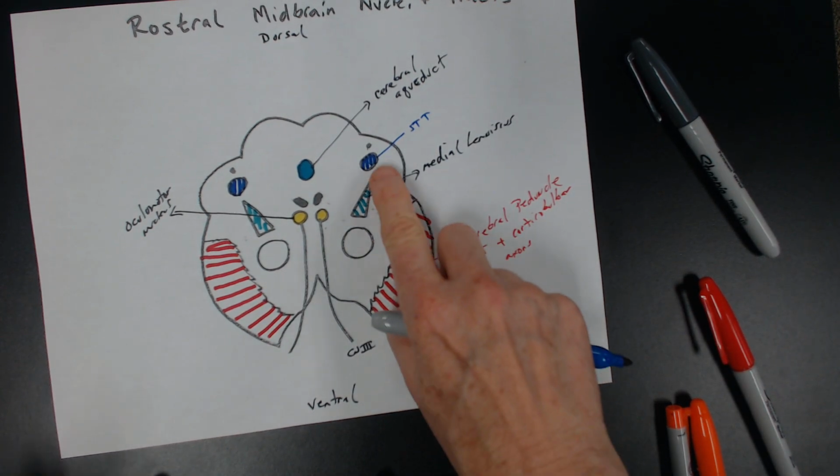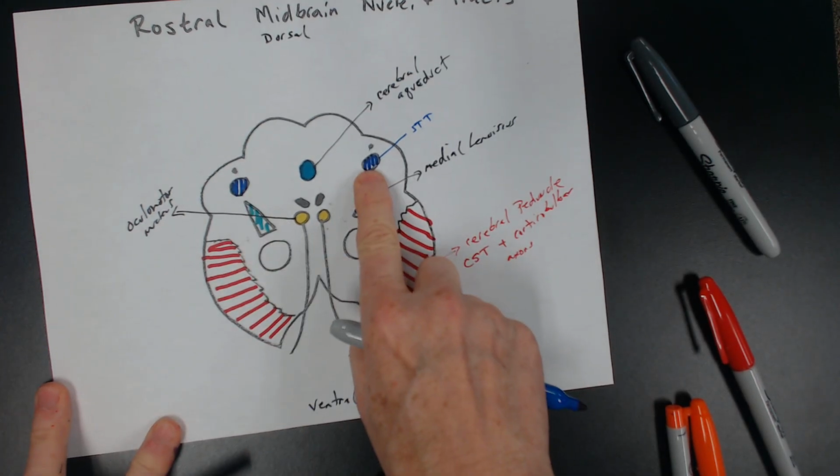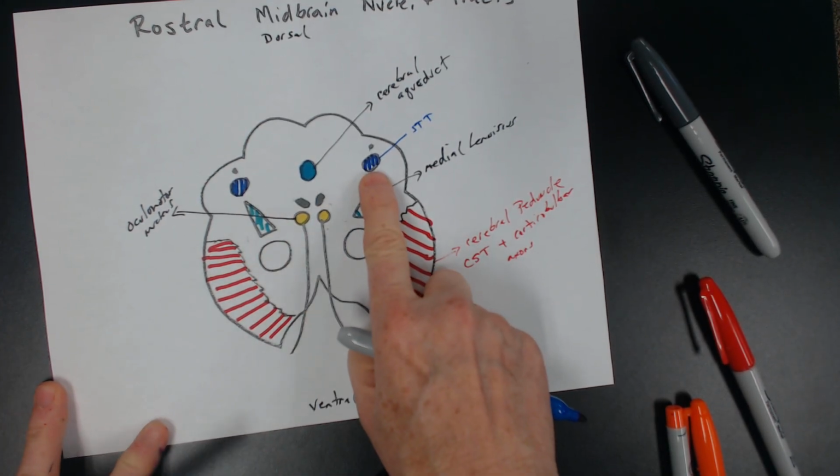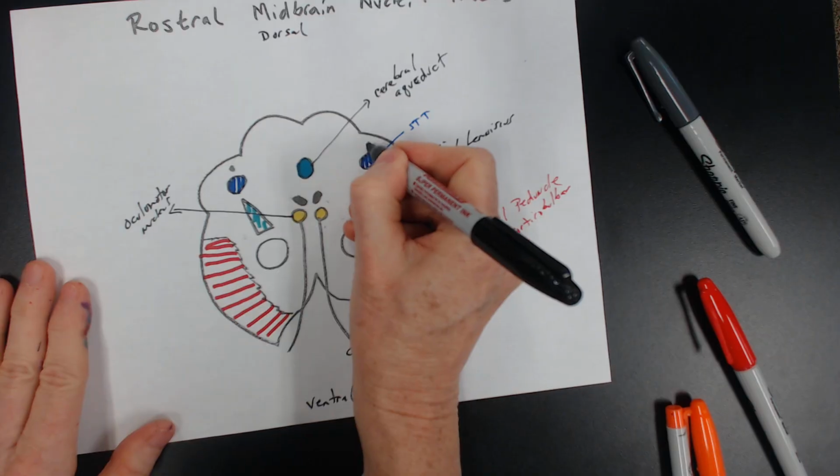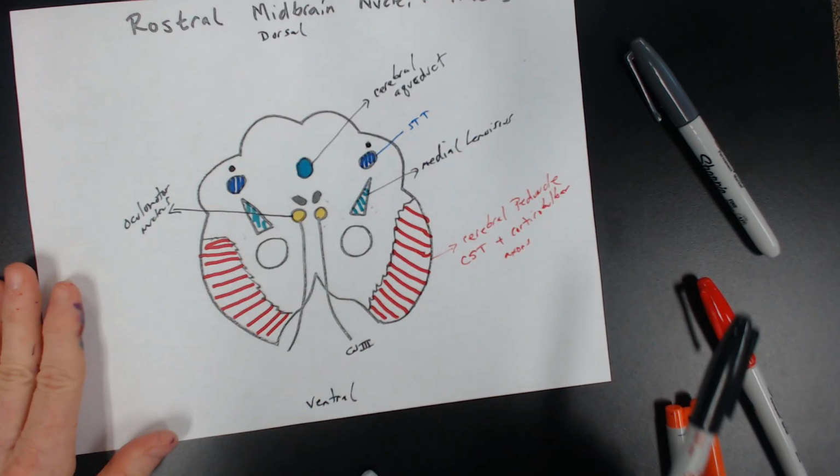Okay, so STT present bilaterally here. Traveling around with the STT, somebody we haven't talked about yet, but will. It's going to be your sympathetic tract.